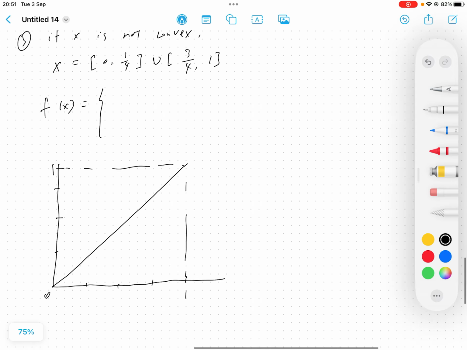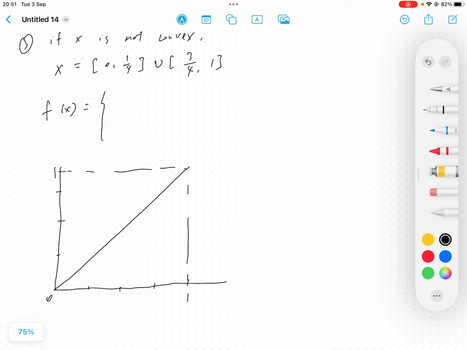Let's say f is such that in those two corners, this is quarter, 3/4. If f is within this corner or within this corner, it means that if x is in 0 to 1/4, then fx is 3/4 to 1.